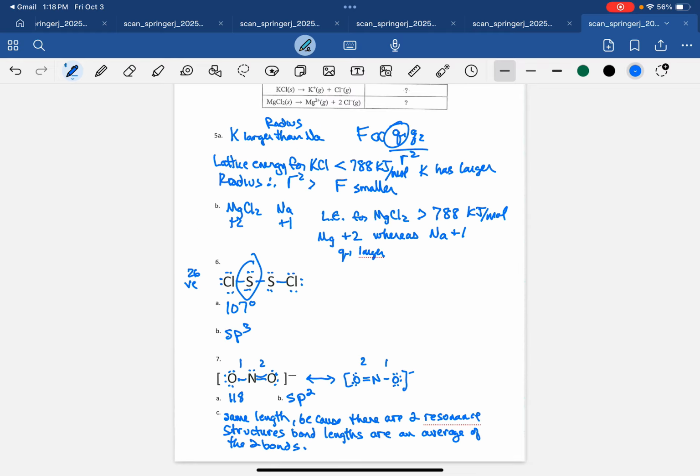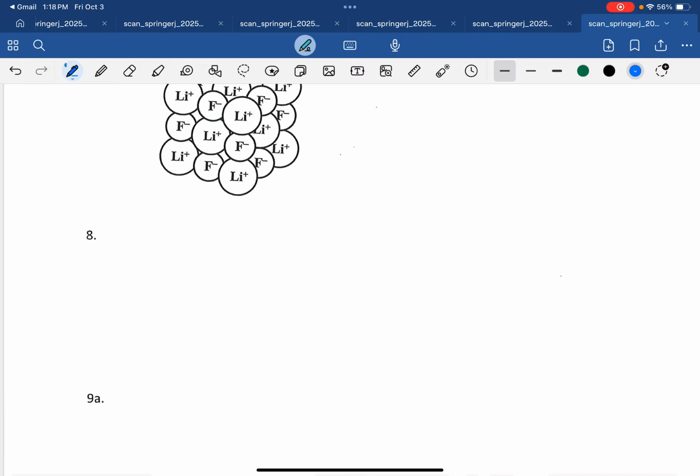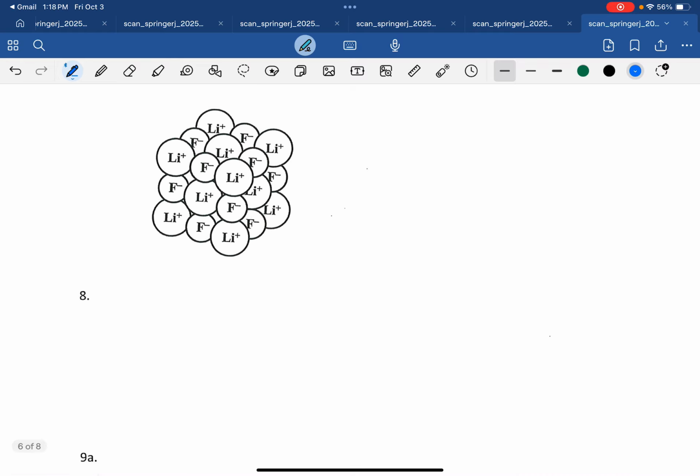Number 8, it's giving you this drawing, and it says the particle diagram is intended to represent a portion of a crystal lattice in LiF. Identify the error that is shown in the particle diagram. Explain how the particle diagram should be corrected to be a more accurate representation of LiF. Well, Li is at the beginning of period 2, but it's a Li ion, so it has lost its electron.